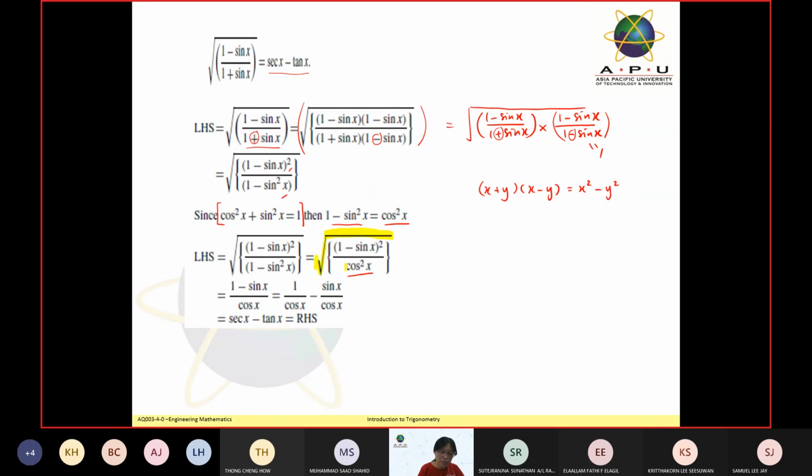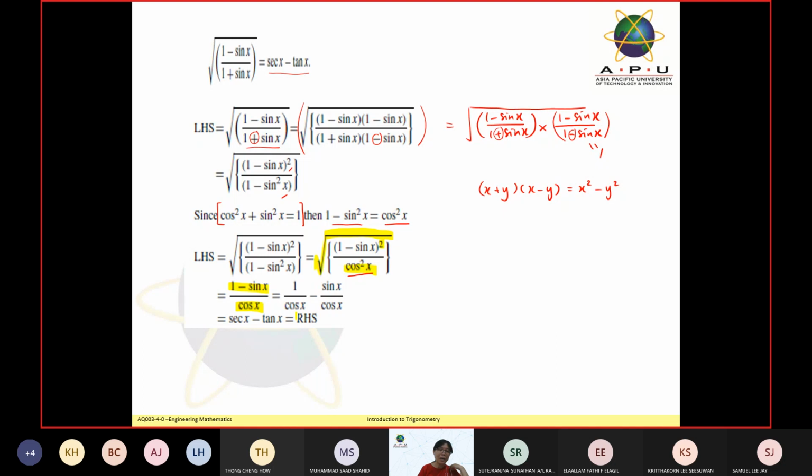So when the bottom is cos square x, with the square root, I can find the answer as cos x. And the top, because this is a square of 1 minus sine x, with the square root, I will get 1 minus sine x. So I can evaluate the square root when that is in the square.